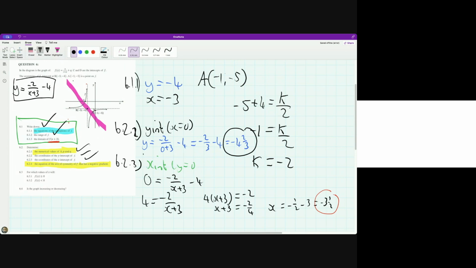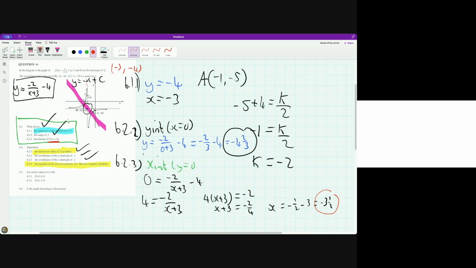The gradient would basically be minus x plus c. And all you need to do is take this point over here, which is the point minus 3, minus 4, and put it into that equation to figure out what the equation of the pink line is. So that would be the process.